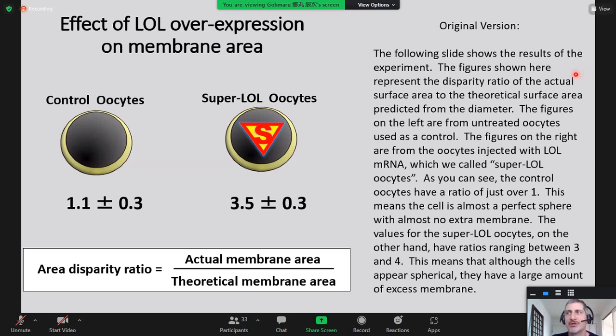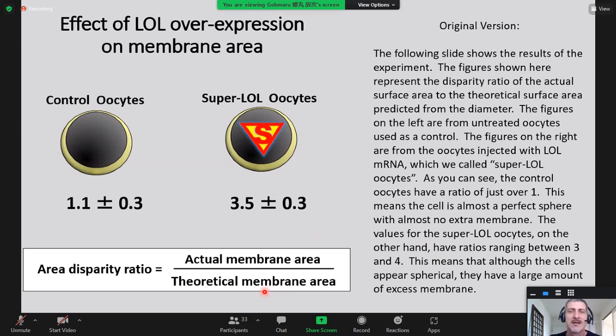The figures shown here represent the disparity ratio of the actual surface area to the theoretical surface area predicted from the diameter. I think as the audience listens to this sentence, they don't know what they are listening to. It's quite confusing. It's basically defining the parameters that we are looking at, but suddenly this definition is too technical and very difficult for the audience to understand.